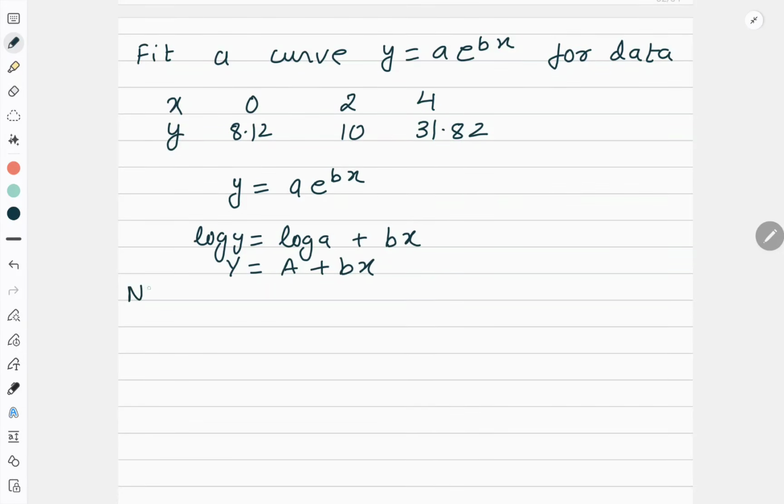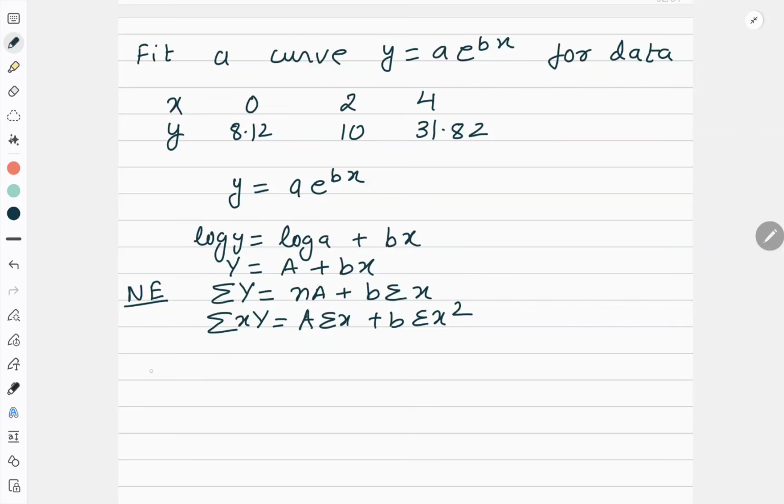Now I'll write the normal equation for this. Summation Y is equal to na plus b summation x. Then summation xY, remember it is small x only, is equal to a summation x plus b summation x square.